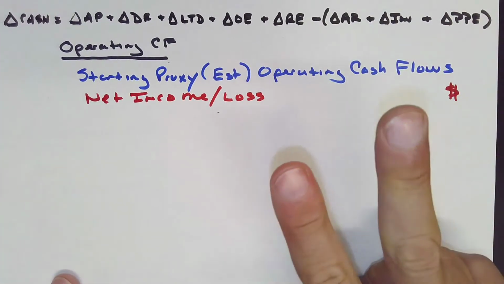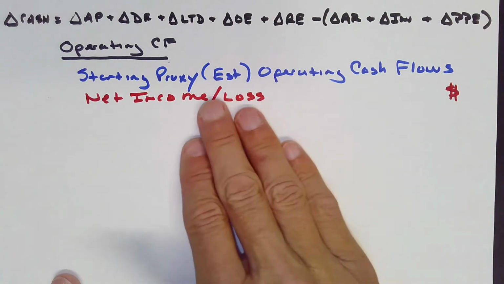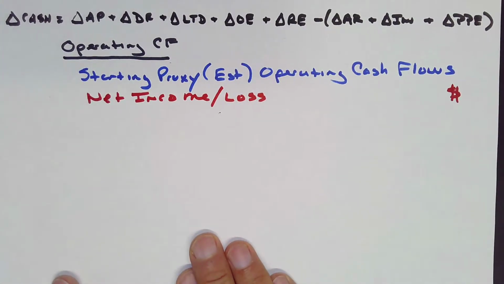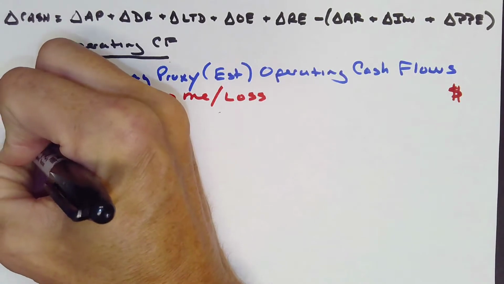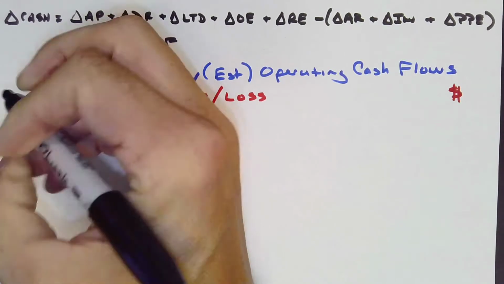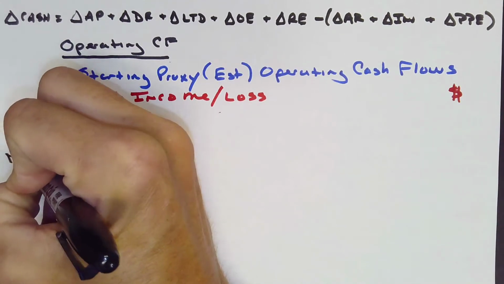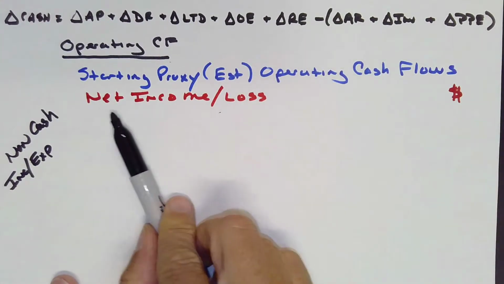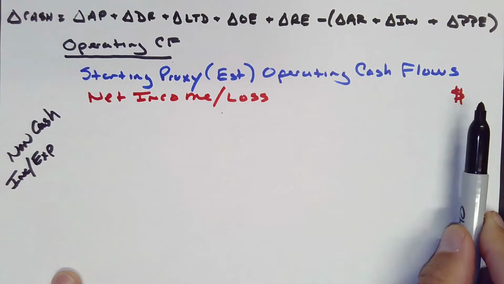So we've got two additional areas that have to be accounted for or displayed in the operating cash flow section. One of those sections is non-cash income, expense, gains, losses, etc. Things that are affecting our proxy but have no impact on operating cash flows.